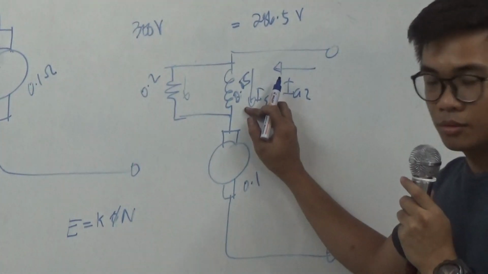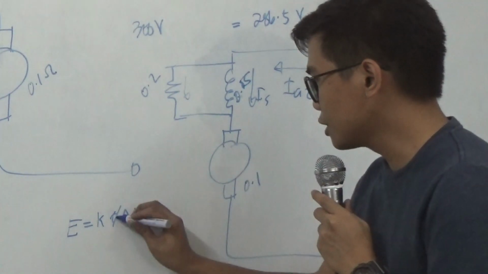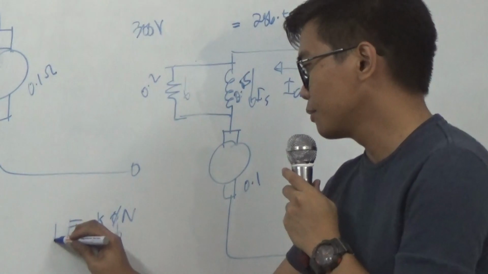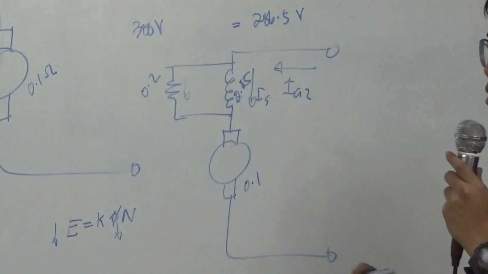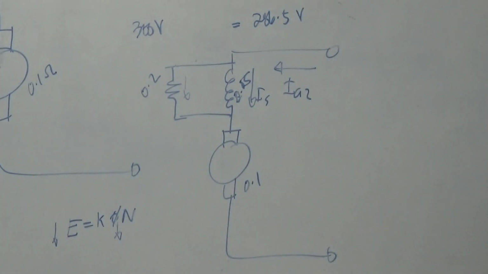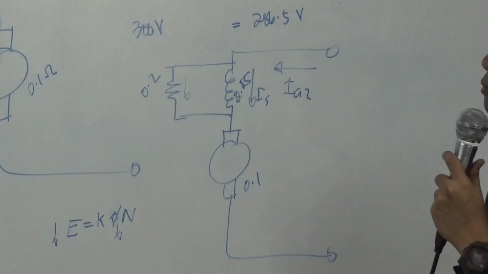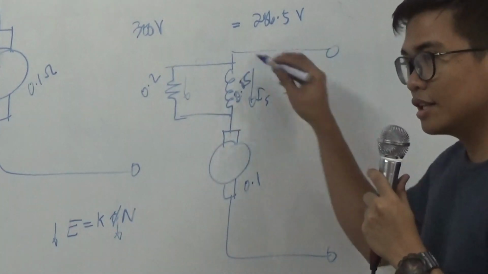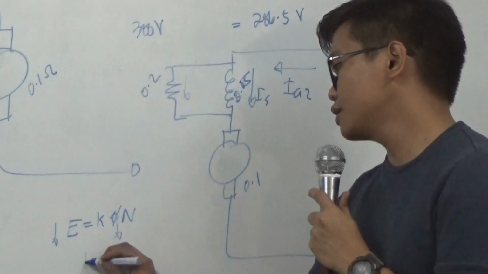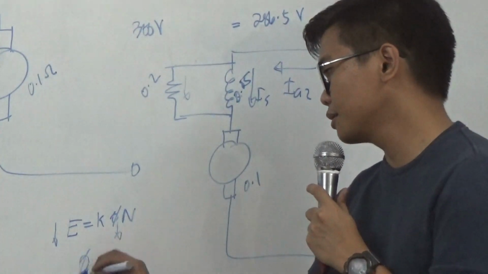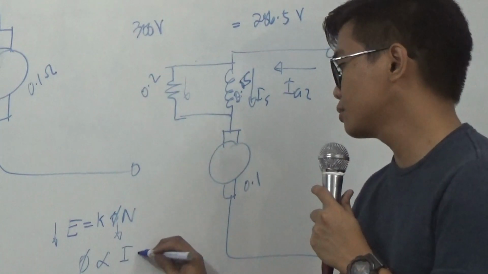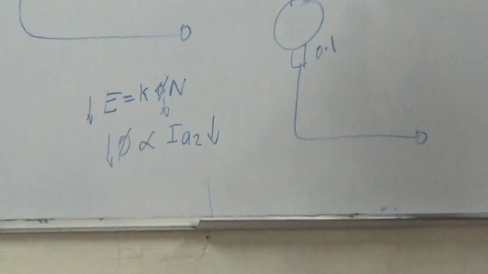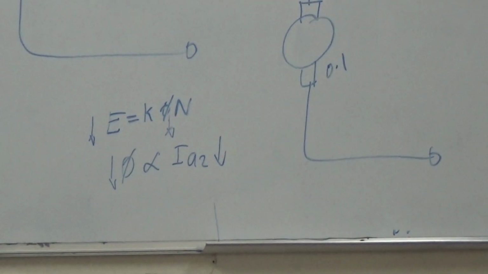Kung bumaba yung field mo, that means yung voltage mo dito sa EB, bababa din. At dahil bumaba lahat, magbabago din si IA2. Since series field ka, the field is directly proportional to IA. So, magbabago daw talaga.